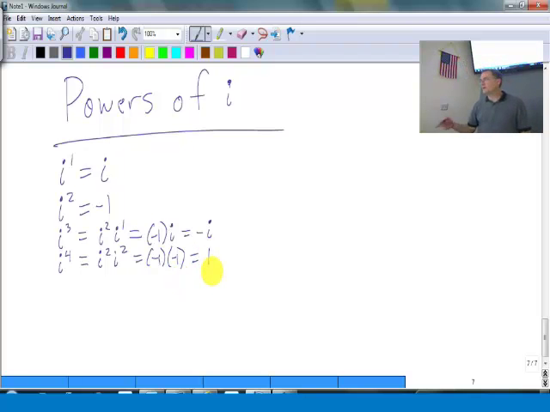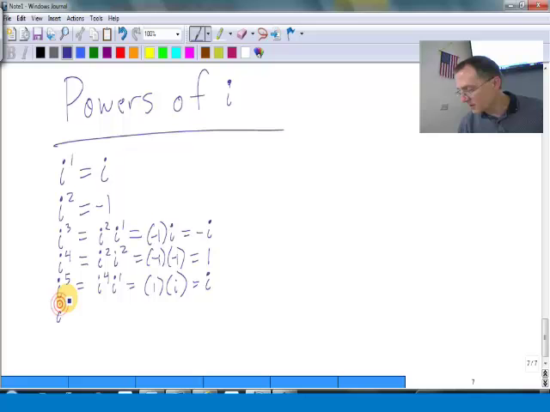So we do get to 1. We do this enough times, and we get to 1. Well, if we're taking a number and raising it to whole number powers, and eventually we get 1, the next power ought to do what? It ought to bring us right back where we started. It's i. So i to the 4th times i to the 1st power is 1 times i, which is i.